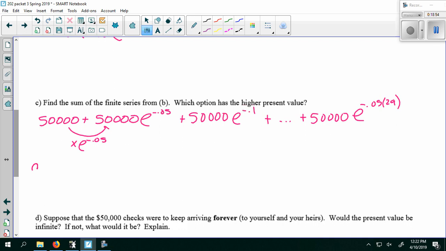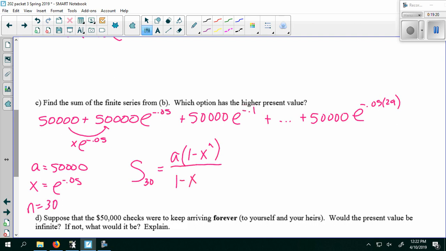So my first term in the list is 50,000, my constant multiplier is e to the negative 0.05, and n is 30. I have 30 terms in this list, 30 checks total. So my sum over 30 checks is a times 1 minus x to the n over 1 minus x.